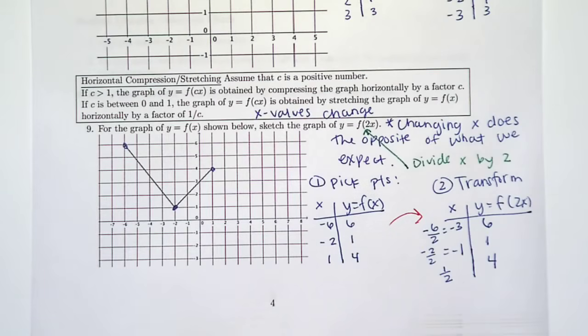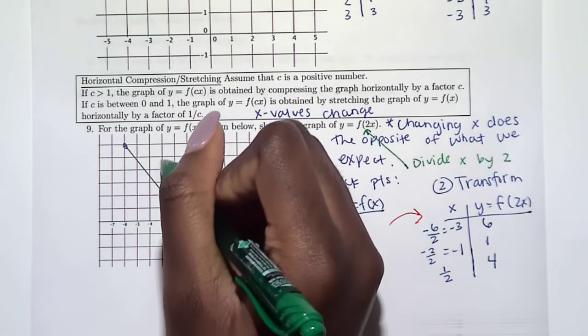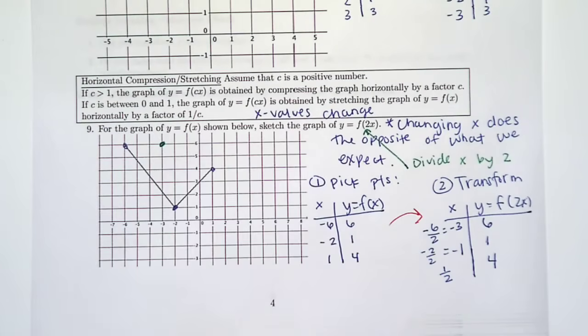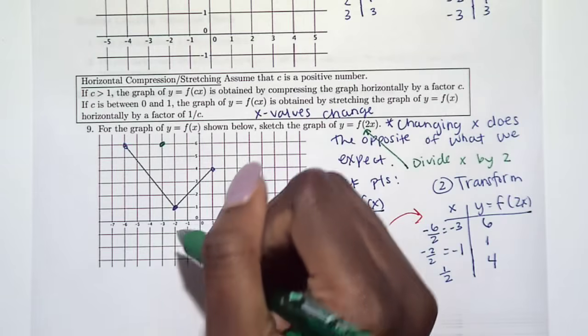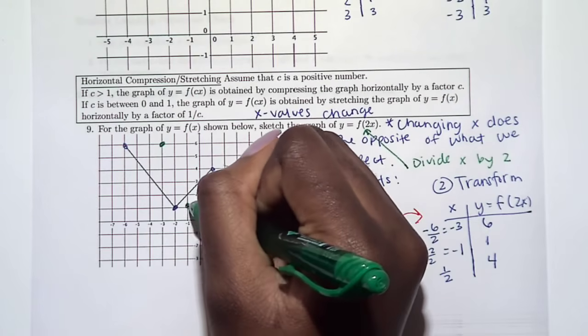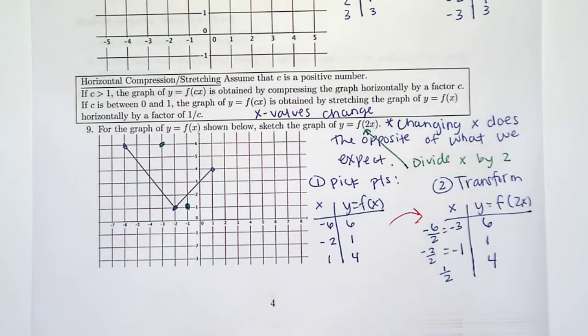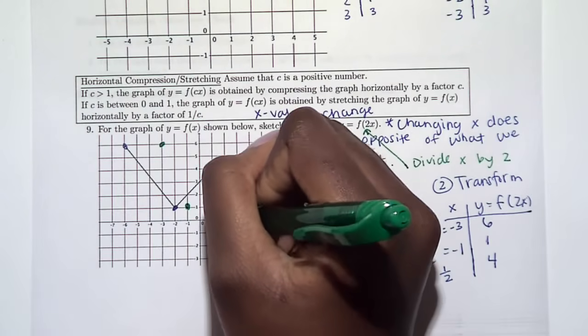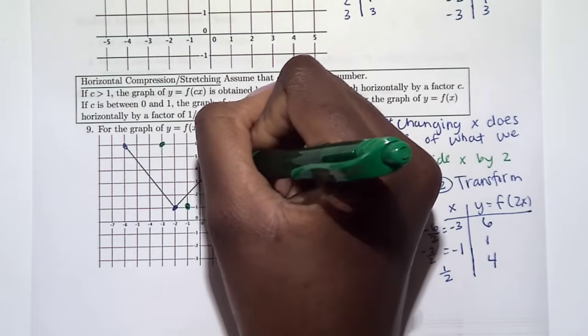All right, so now let's plot these points. So (-3, 6), (-1, 1), and then (1/2, 4).